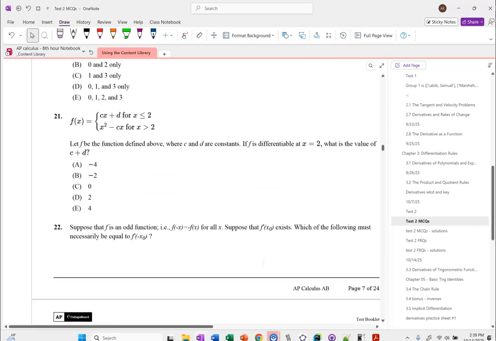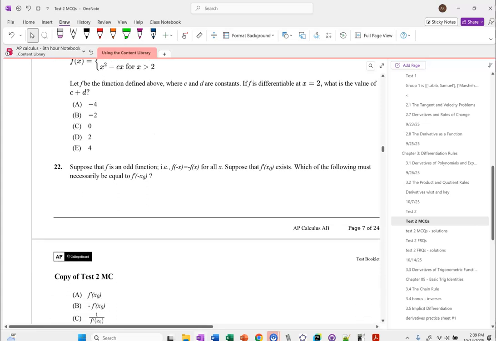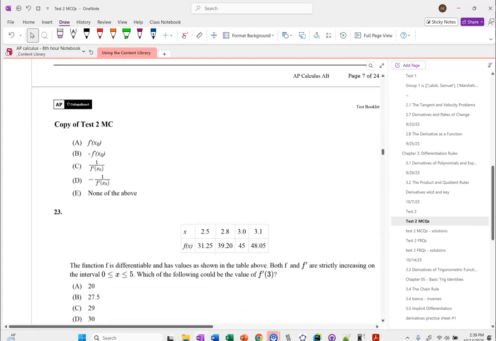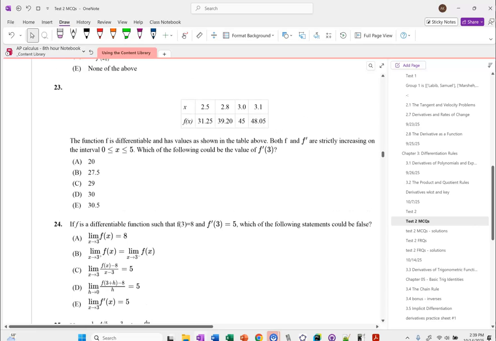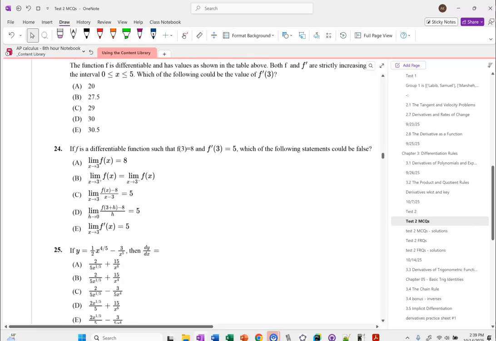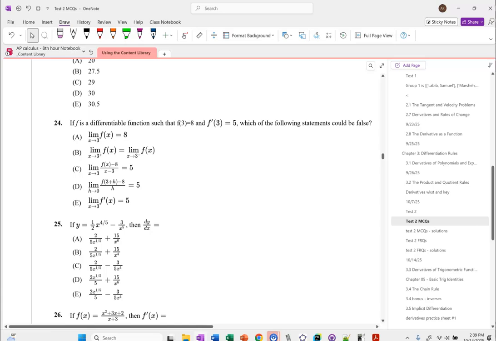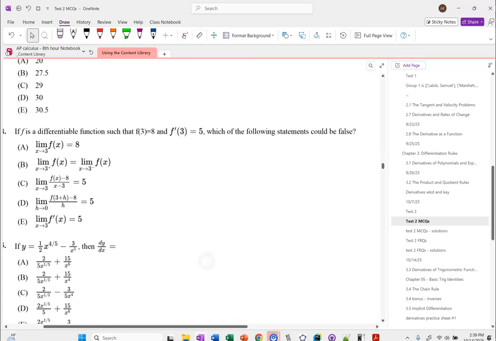Not differentiable, that's fairly easy. That's the same question, really. That's a little obscure enough that I don't care about it. How about 24?